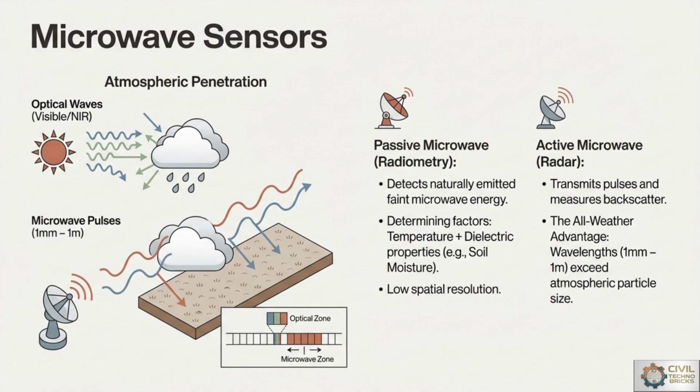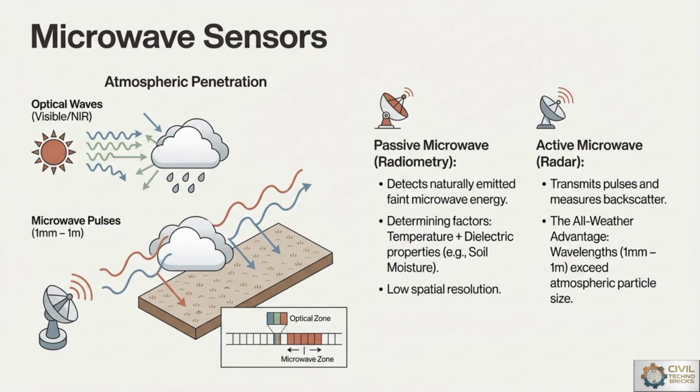Passive microwave is known as radiometry, whereas active microwave is based on the radar system. Here the naturally emitted energy is faint, so the microwave energy is detected passively with reference to radiometry in passive microwave, with determining factors like temperature and dielectric properties, for example soil moisture and other soil components.